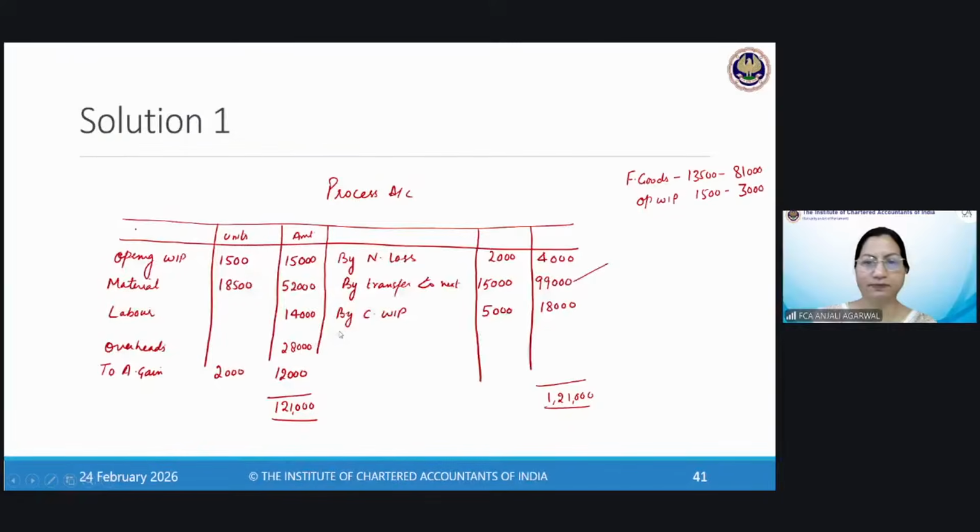However, opening WIP, 3,000 you incurred in this period, but it already had a cost of 15,000. So when you add this, it should total to 99. Does it? Yes. That means whatever you've done is perfectly correct. So this is how you prepare the process account. You can also verify what should be the cost of transferred units.